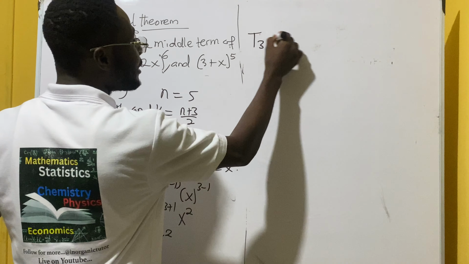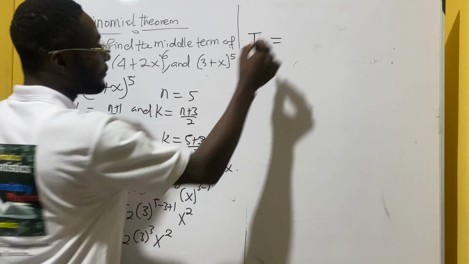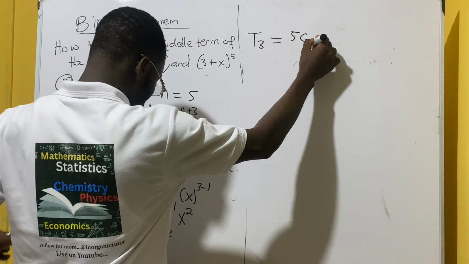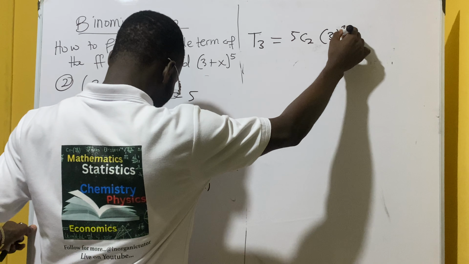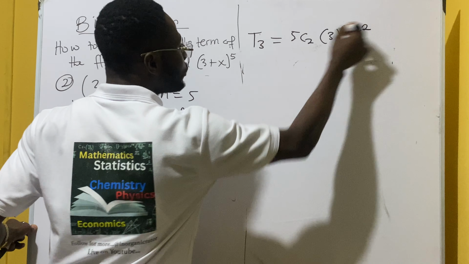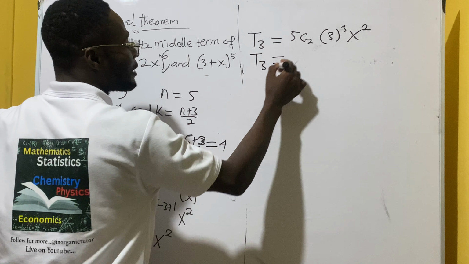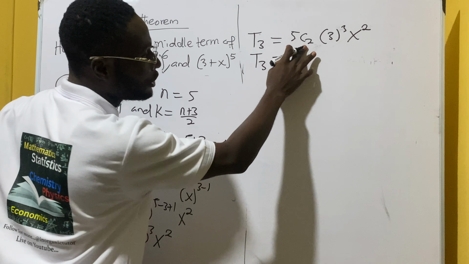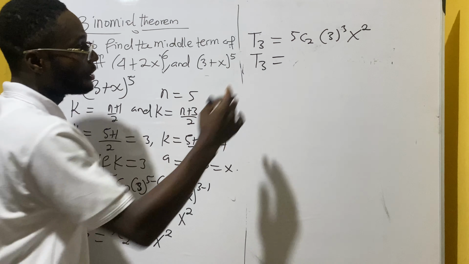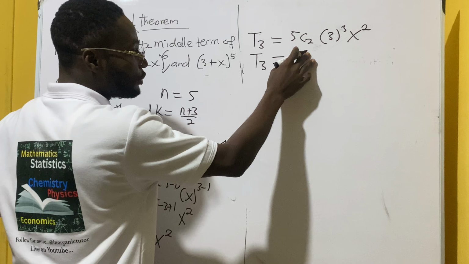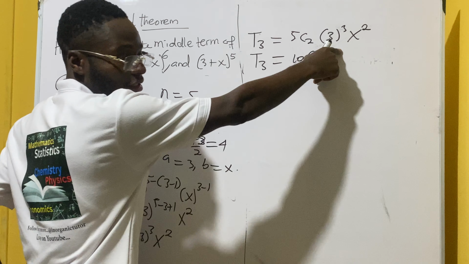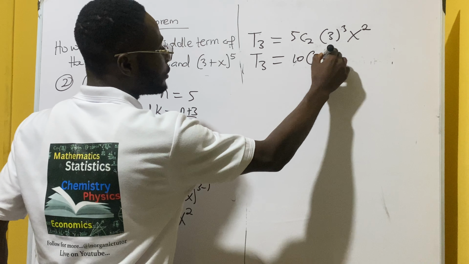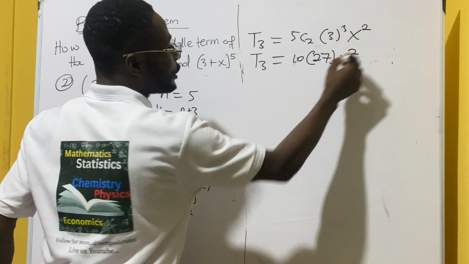So the third term is going to be 5 combination 2 times 3 exponent 3 x exponent 2. On your calculator, you know that 5 combination 2 is 10, times 3 exponent 3 is 27, x squared.